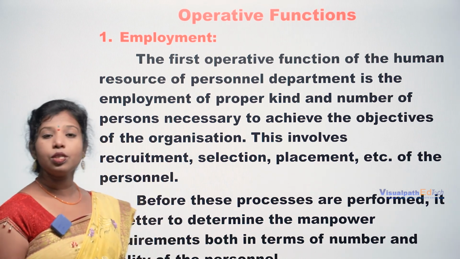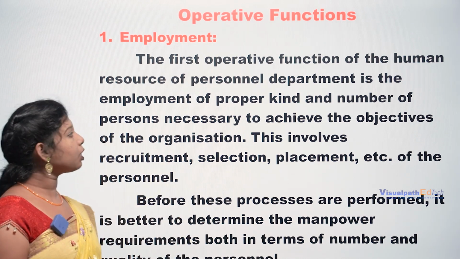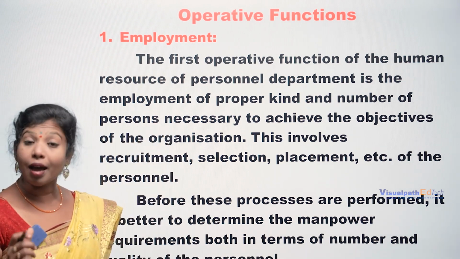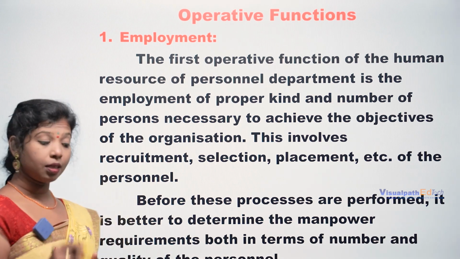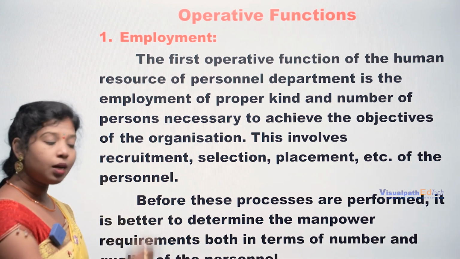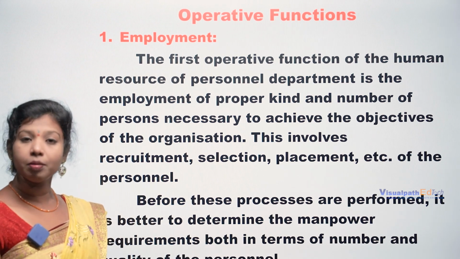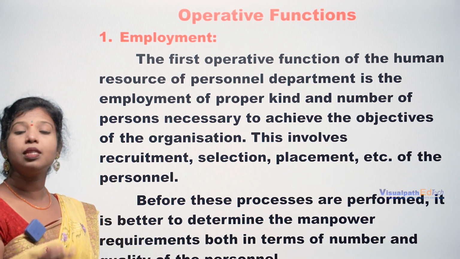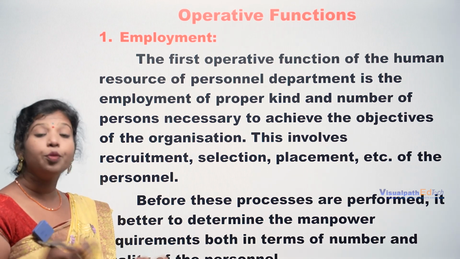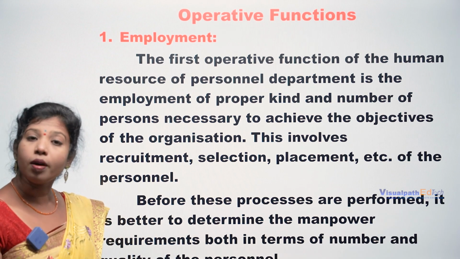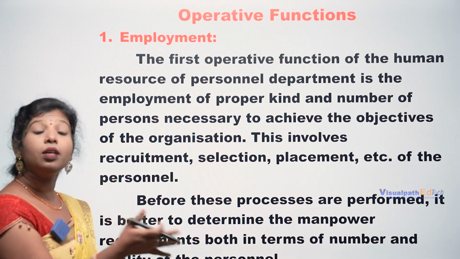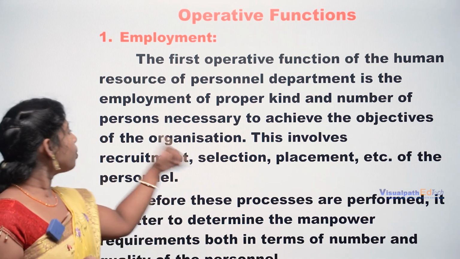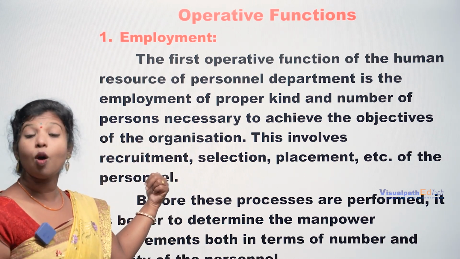The first operative function of human resource management for personnel is the employment of the proper kind. Proper kind is whether the particular person is suitable to perform this task or not: the right person in the right job. If you don't recruit the right person for the right job, ultimately you cannot achieve the goal, because he is not capable of achieving it. That is the proper kind and number of persons necessary to achieve the objectives.